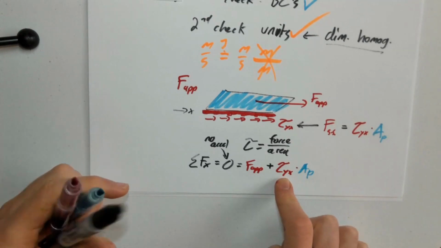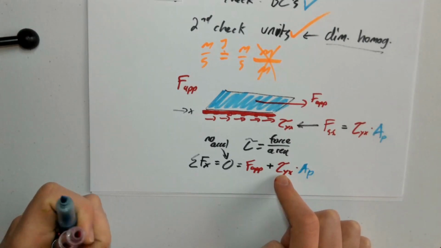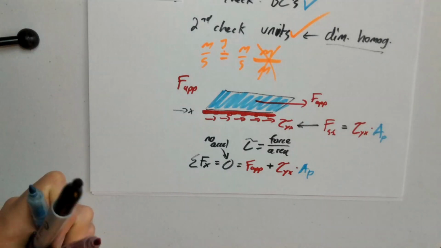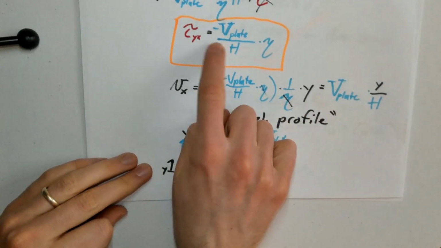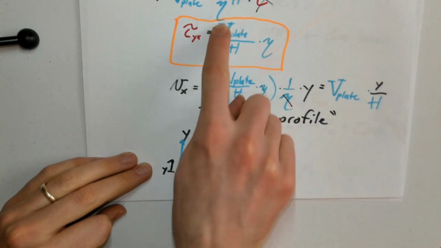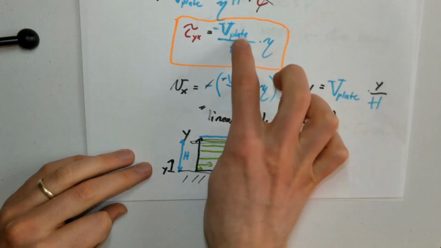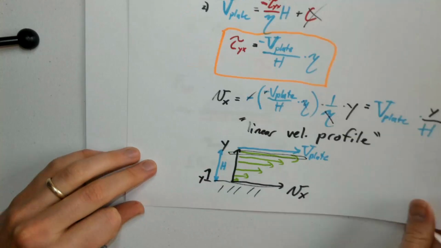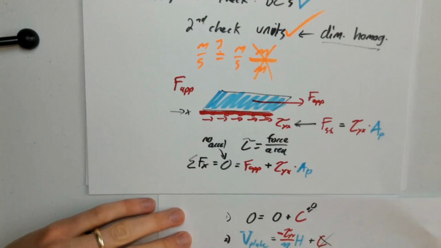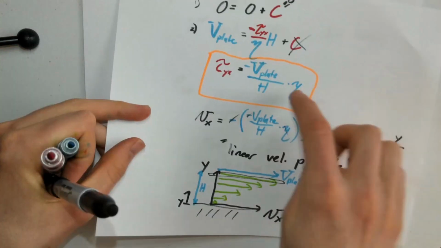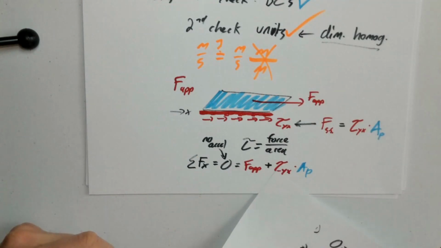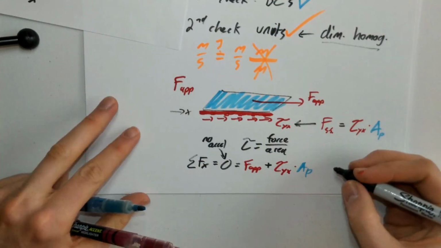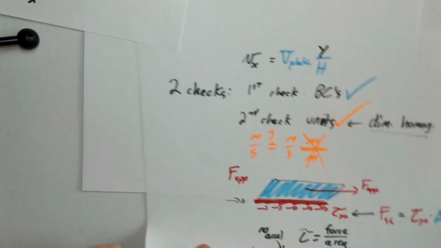Here I wrote tau yx in red, but from our earlier analysis in this problem, we actually found an expression for tau yx in terms of entirely known quantities. So let's go ahead and sub in this result. We can sub in this expression for tau yx into this right here, and when we do that, we'll have our applied force entirely in terms of knowns for this problem. So what result does this give us?